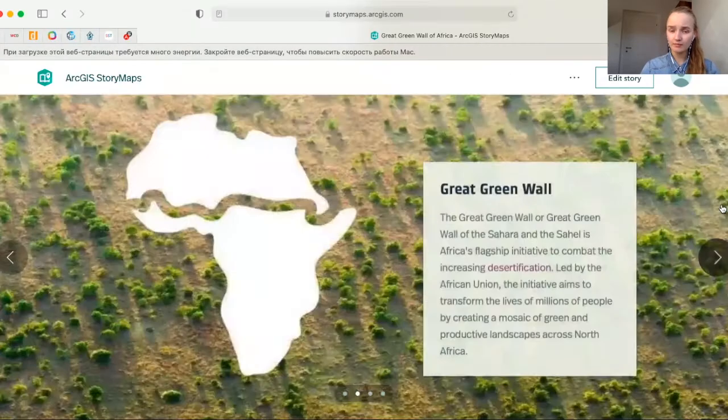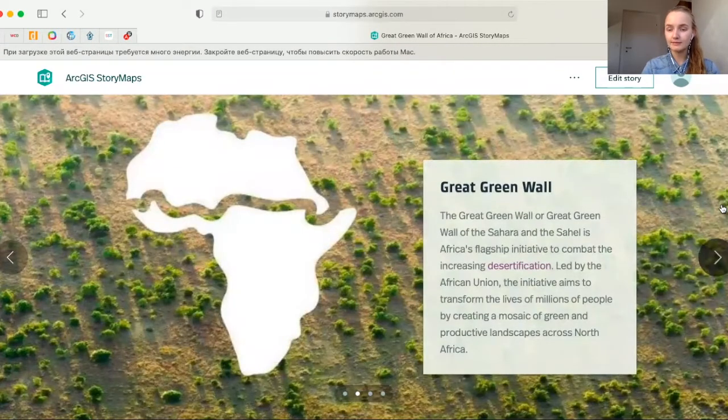The Great Green Wall of Africa, or the Great Green Wall on the Sahara and the Sahel region, is Africa's flagship initiative to combat increasing desertification. This initiative is led by the African Union's countries.